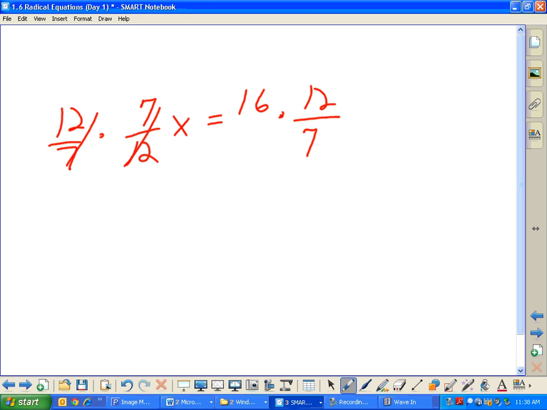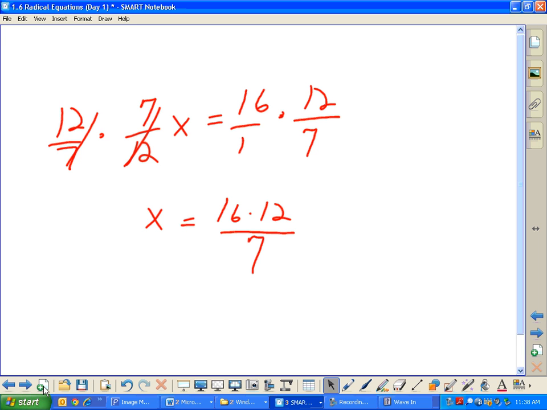And then we would just multiply straight across. So you get 16 times 12 over 7 times 1 to kind of help you out. Yeah, 192 over 7, something like that. So are you okay with that? Today we're going to work on getting rid of our fractions by multiplying by the reciprocal. That's what's going to happen. All right, cool. So let's get started.